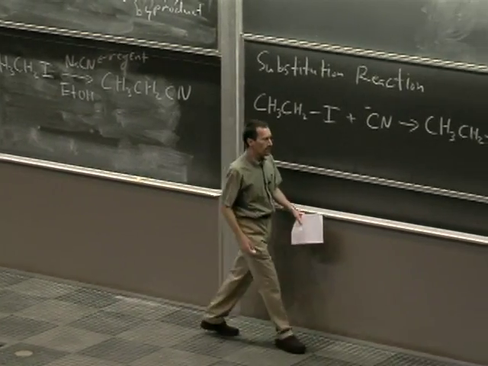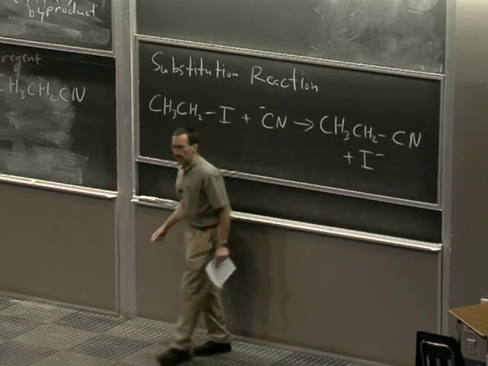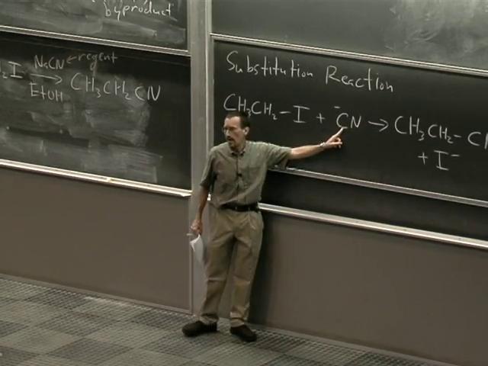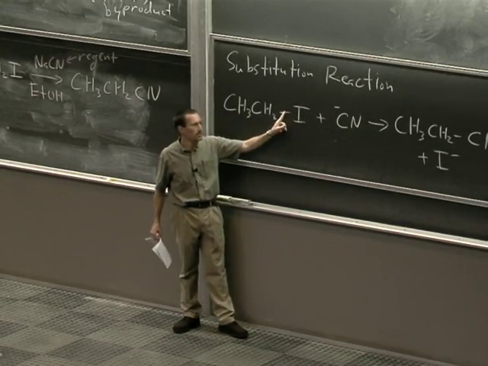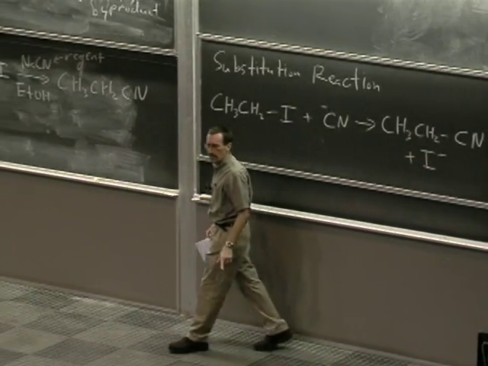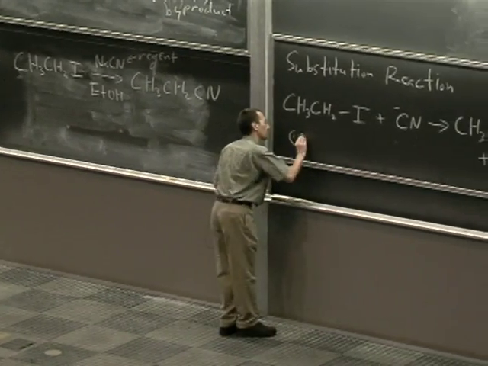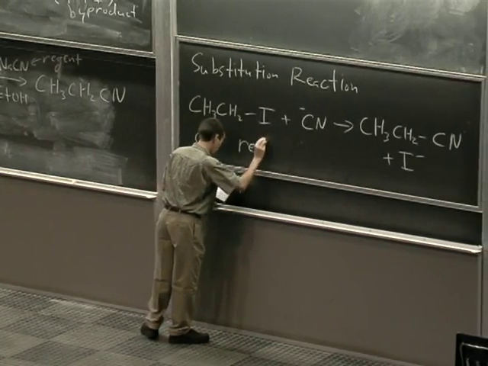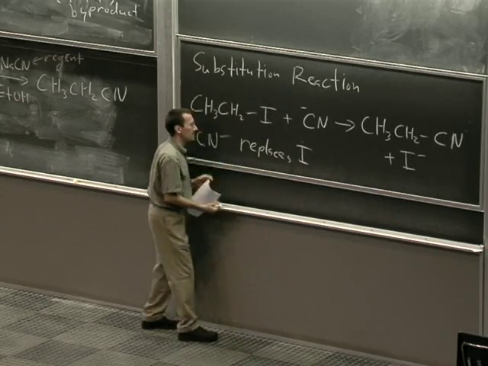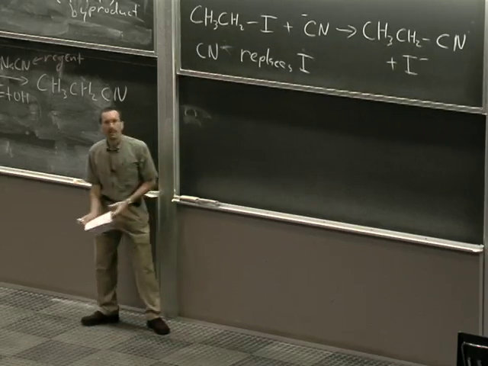The other product of this reaction, specifically as I've written it, is iodide anion. So basically, cyanide comes in and it replaces, it substitutes the iodine, and now we end up with cyanide bound to the ethyl group and iodide kicked out. CN replaces I in this reaction.